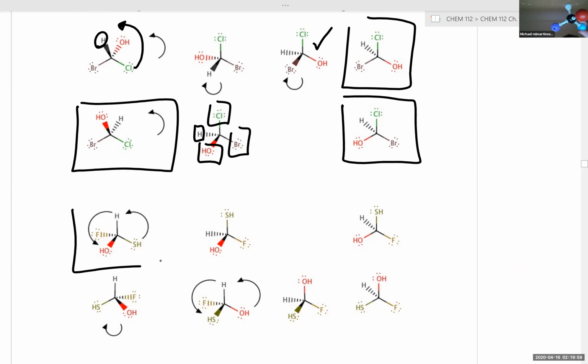Okay? So let's follow this together. We have our oxygen pointing out. Is our hydrogen in the back currently? No, it's not. So what we're going to do is bring this sulfur up like so.